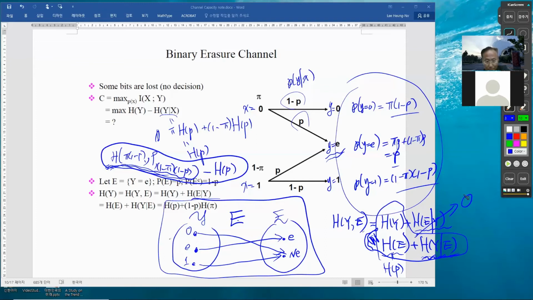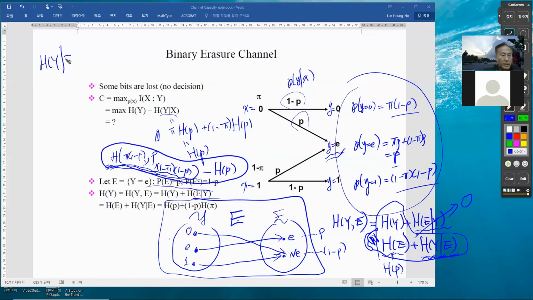And here we have written it down. So the random variable E: we need to consider this occurs when E is equal to small e. This occurs with the probability of p, and this occurs with the probability 1 minus p. Okay, and so H(Y|E) can be decomposed into two parts.